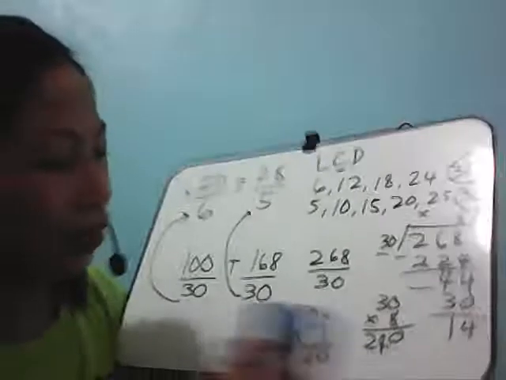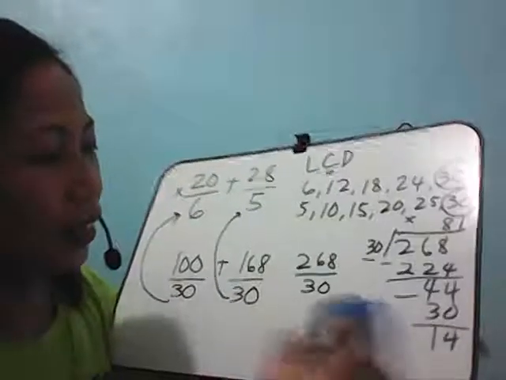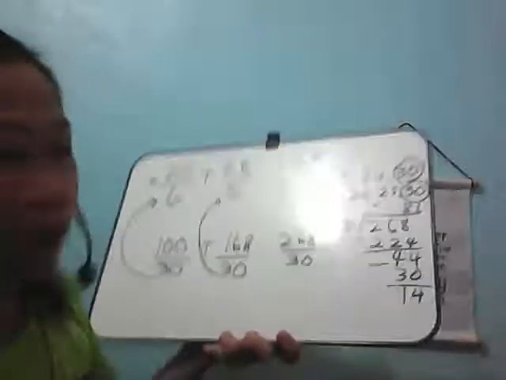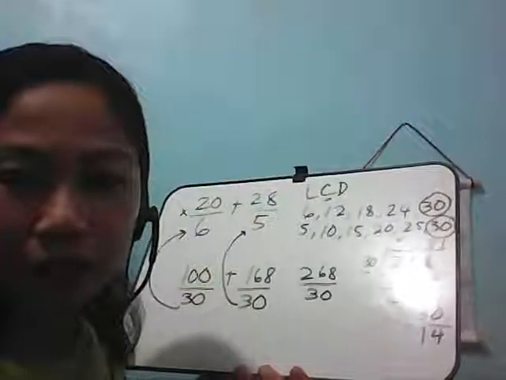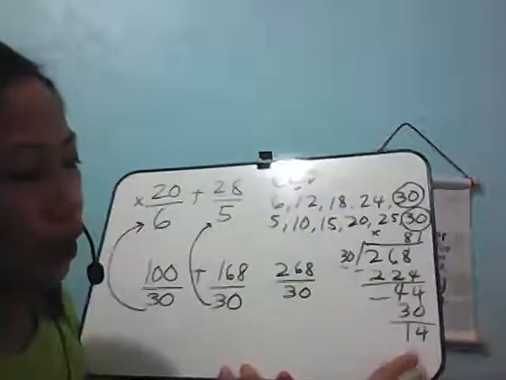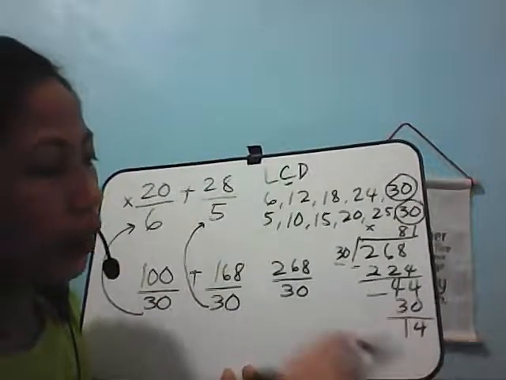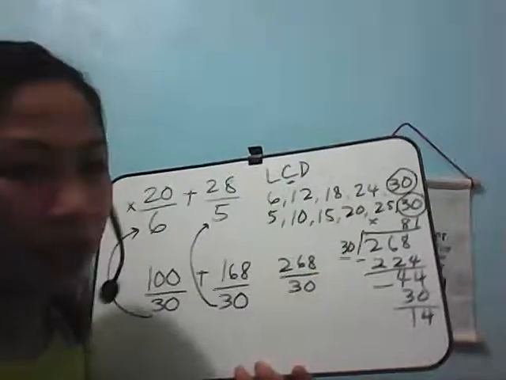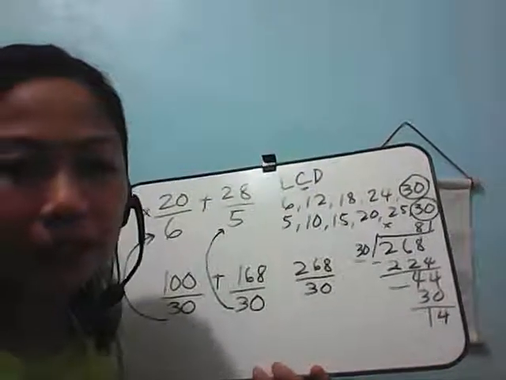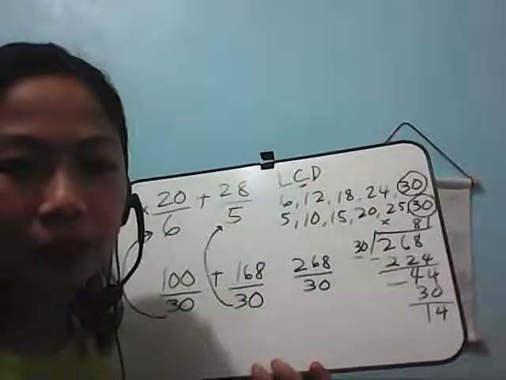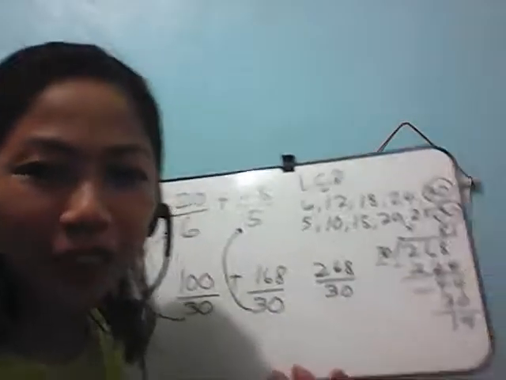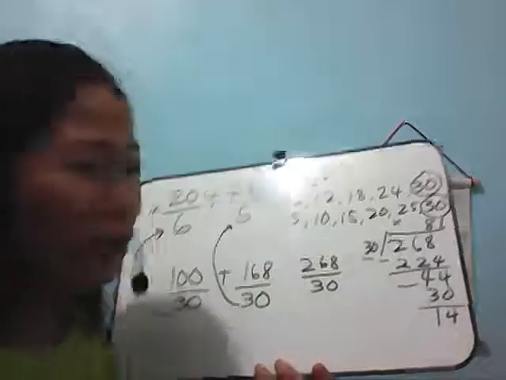Okay, erase natin to kasi wala naman to eh. So, where do you get 30, Niel? So, 14, i-divide natin sa 30, cannot be. Diba? Ang kulit.